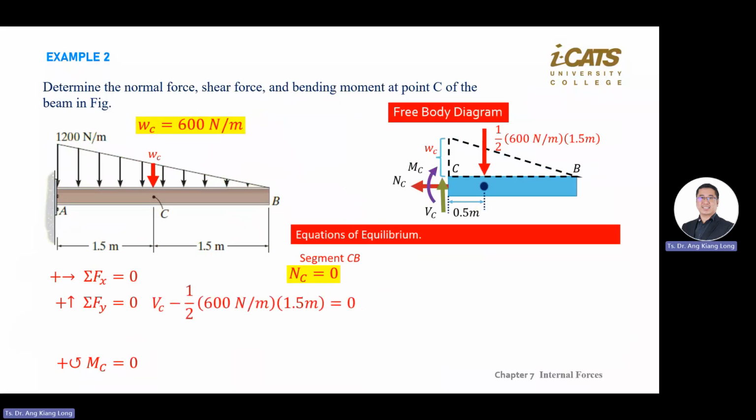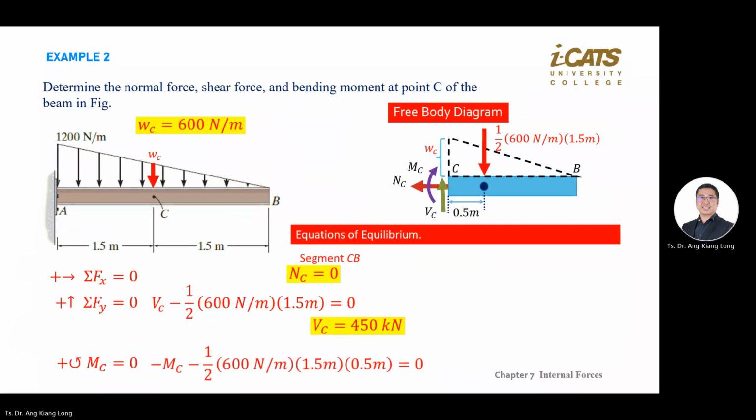Okay. Vy, we solve for the y component. So VC equals 40 Newton. Typo. You calculate, but the concept is there. Okay. So here MC anti-clockwise is positive.